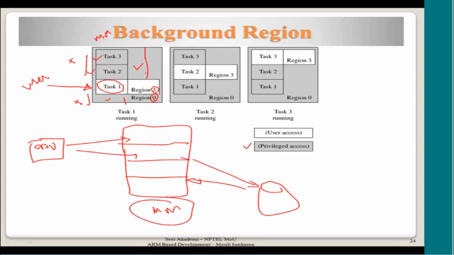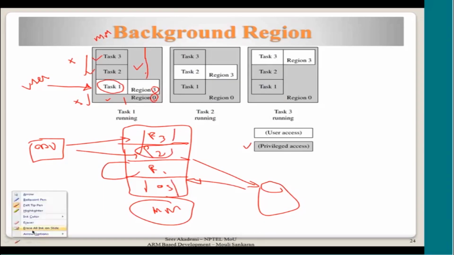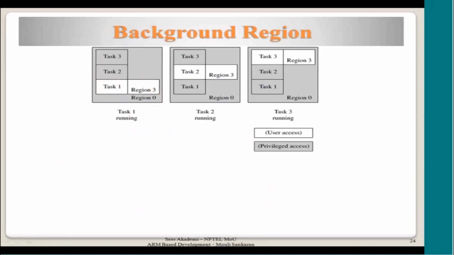But all of them reside in the memory, each process prior to execution. The OS is also residing there. So when this process is running, we have to protect the other area, and when that process is running, we have to protect this other area. That is what is achieved by this kind of overlap or background region.